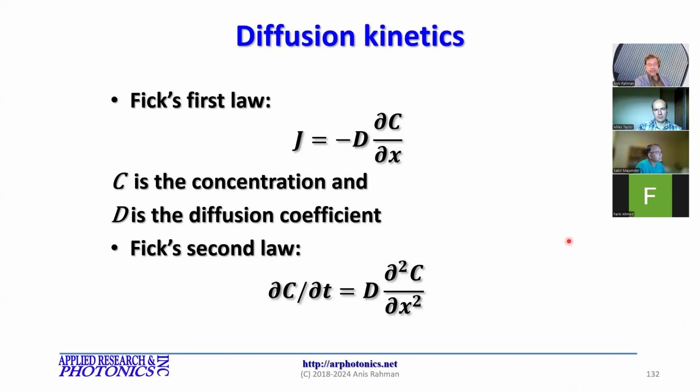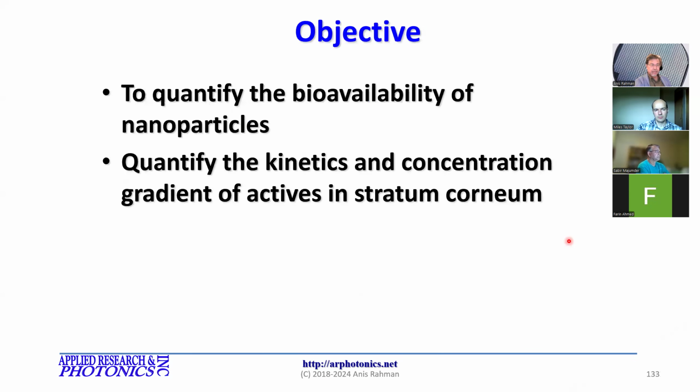And how do we apply that here? That is the question. So to quantify the bioavailability of nanoparticles in this particular example, they quantify the kinetics and concentration gradient of actives. In this case, the substrate is the stratum corneum, the very top portion of the skin.